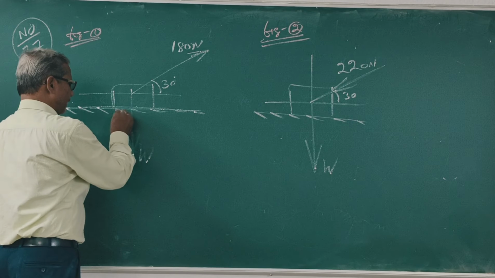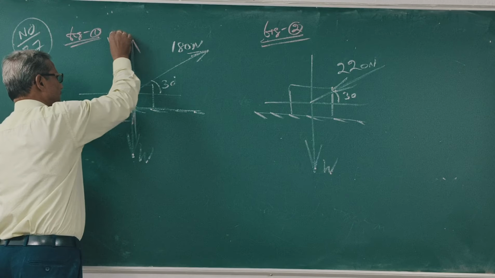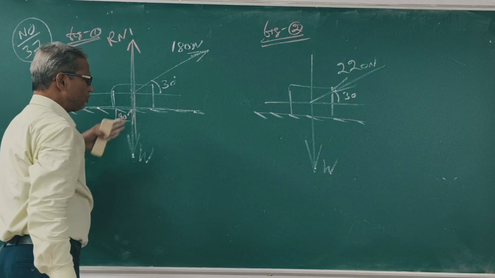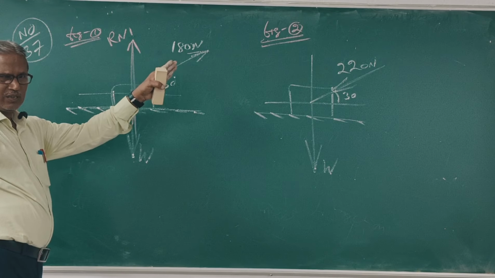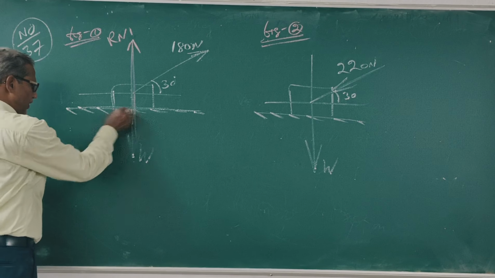This is normal reaction Rn1. Clear? So the force is applied towards the right side. The friction is towards the left, F1. What is F1? Mu Rn1. Clear? This is weight W.